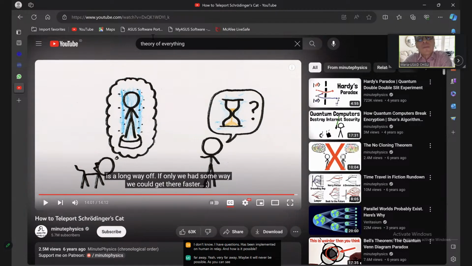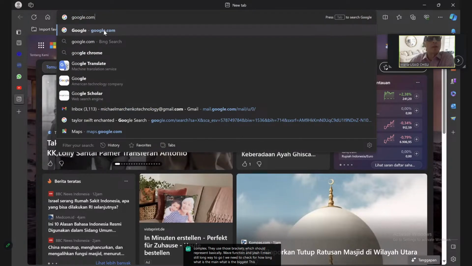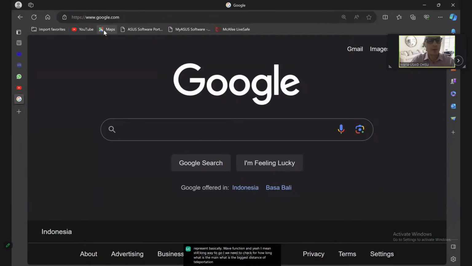As you can see, the mathematics is pretty complex. They use those brackets which represent basically wave function. I mean, still a long way to go. We need to check for how long. What is the biggest distance of teleportation?